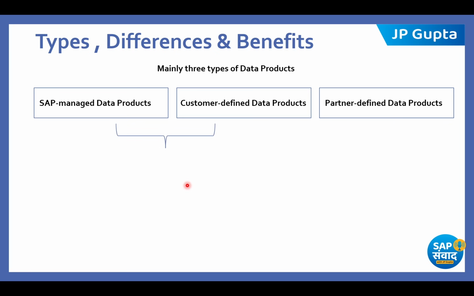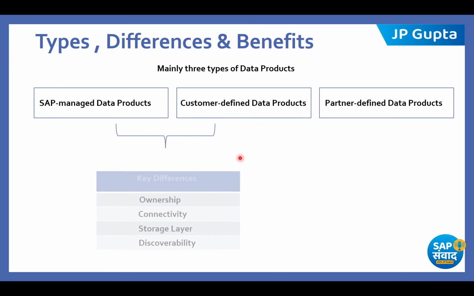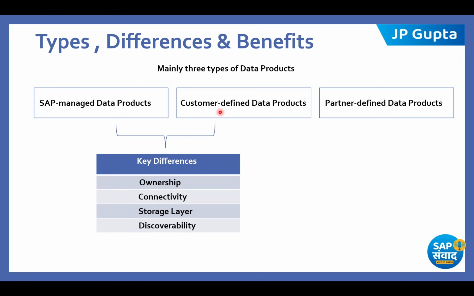Now, if we see these two, what are the key differences between SAP managed and customer defined? Mostly it is with ownership. When we say ownership, it is defined by SAP and it is defined by customer. When we say connectivity, it is ready to use with the SAP source system via BDC formation, and for the customer defined one, we are using Datasphere native integration, and we can also have SAP BW data products generator.